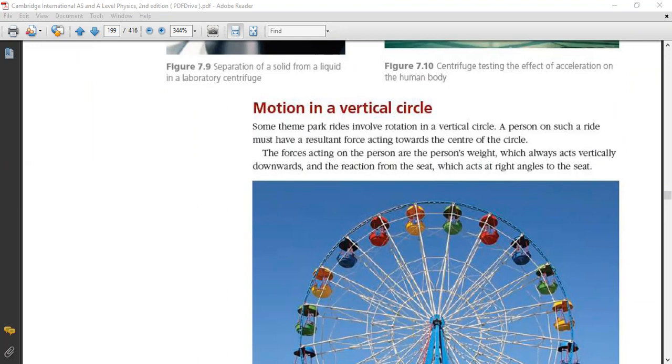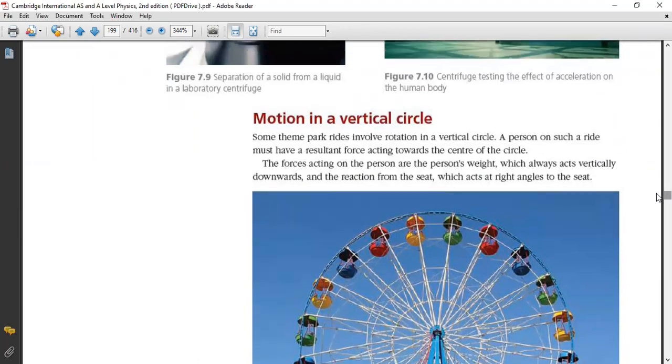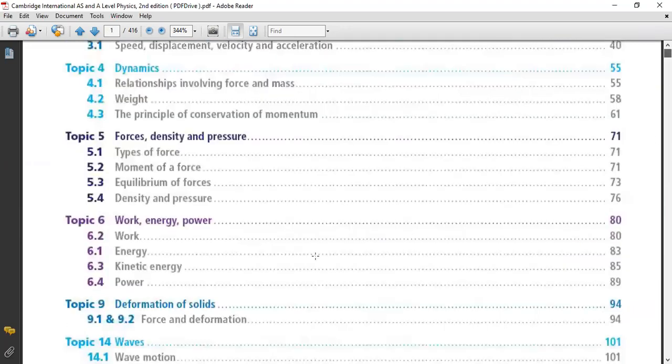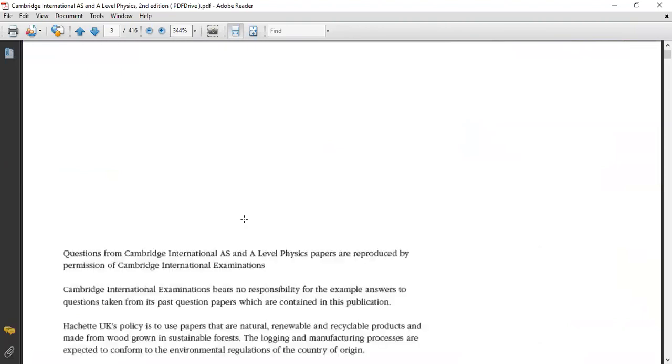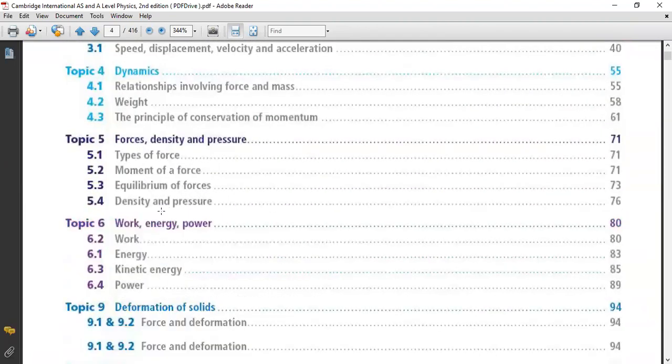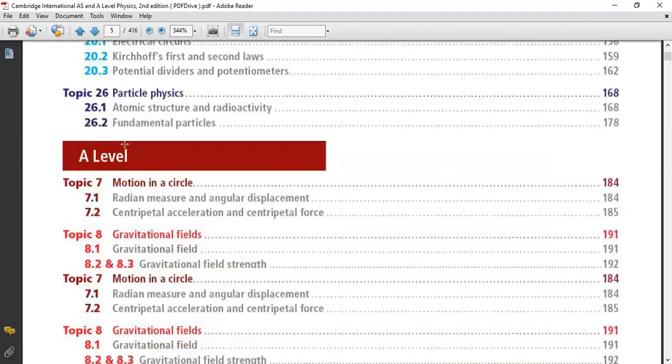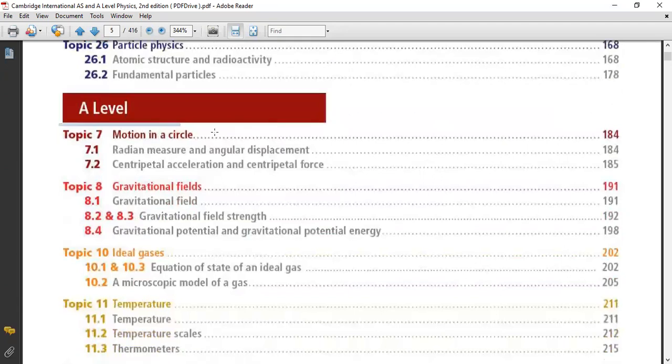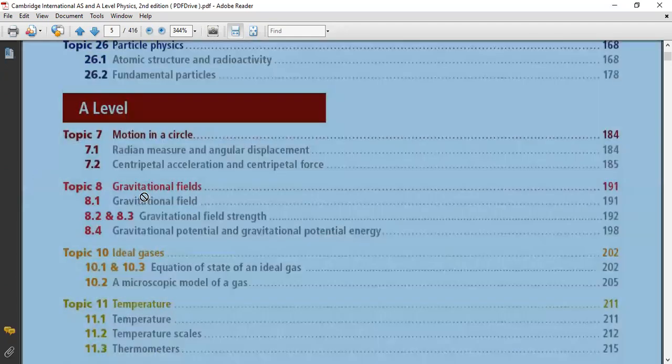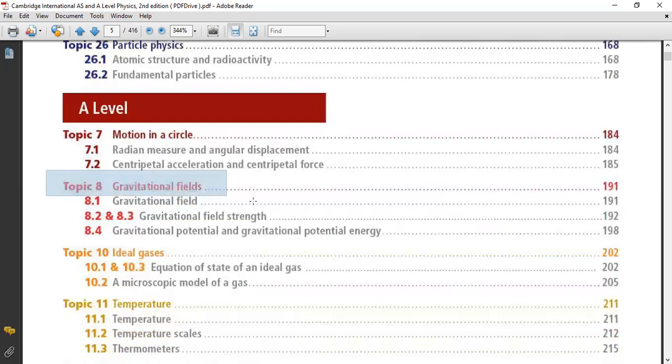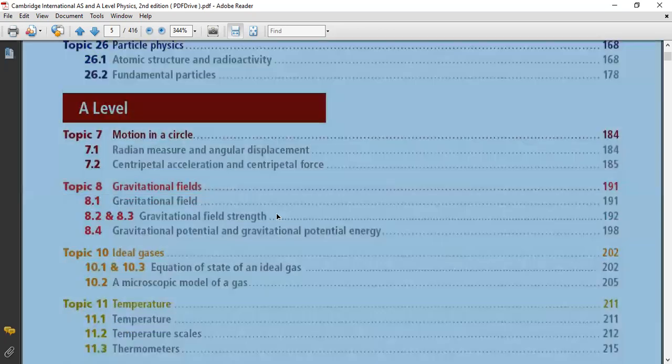Then we will revise vertical circular motion, and after this we will start the next chapter, that is gravitation. We were doing motion in a circle, and after that we will have the gravitational fields, means the gravitation.